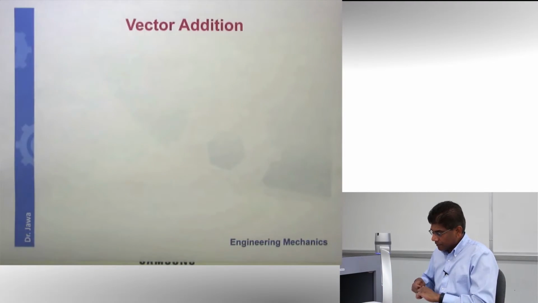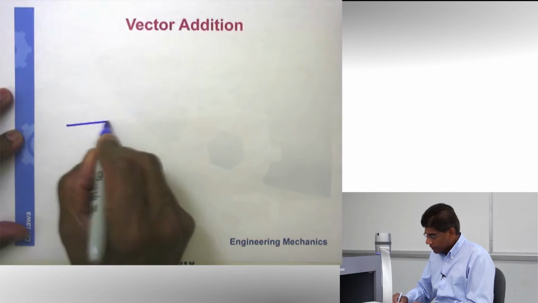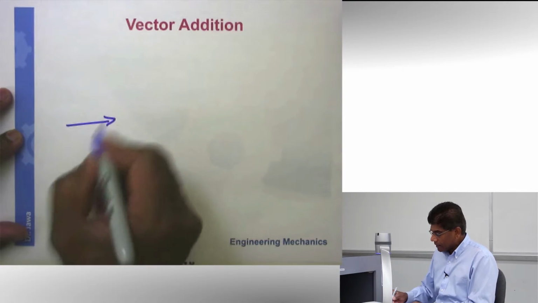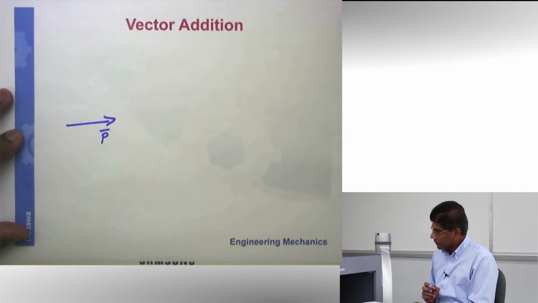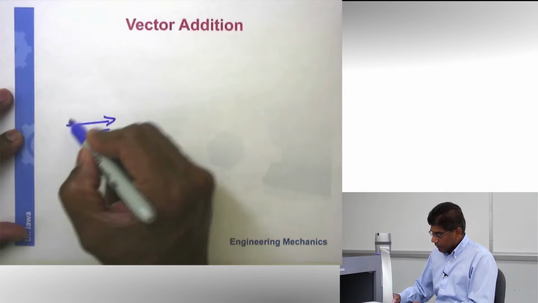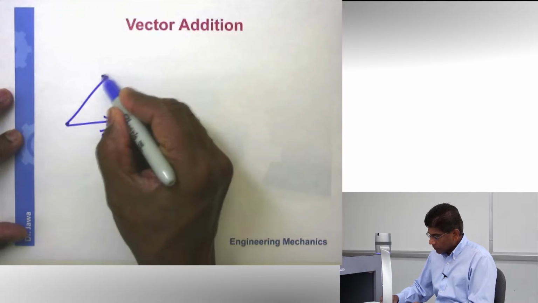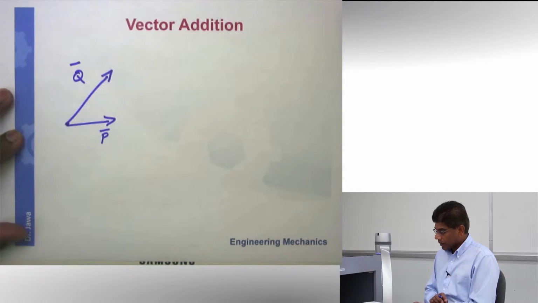So vector addition. As you know, a vector can be denoted simply something like this. Let's say I'm going to call this vector P. All right? Notice how I am writing it. Now let's say here is another vector Q. All right?